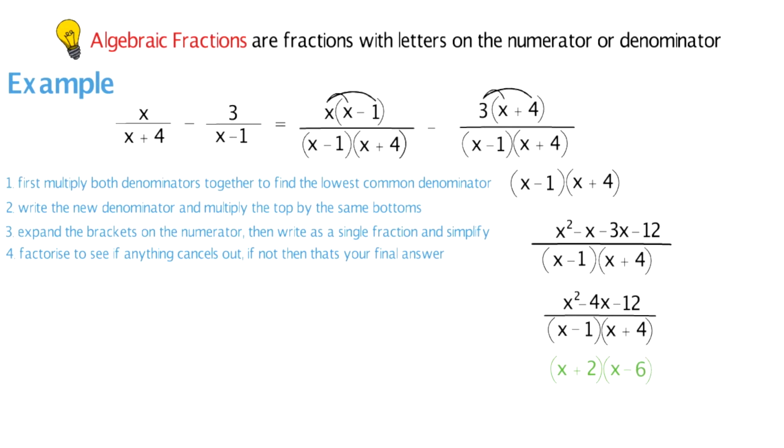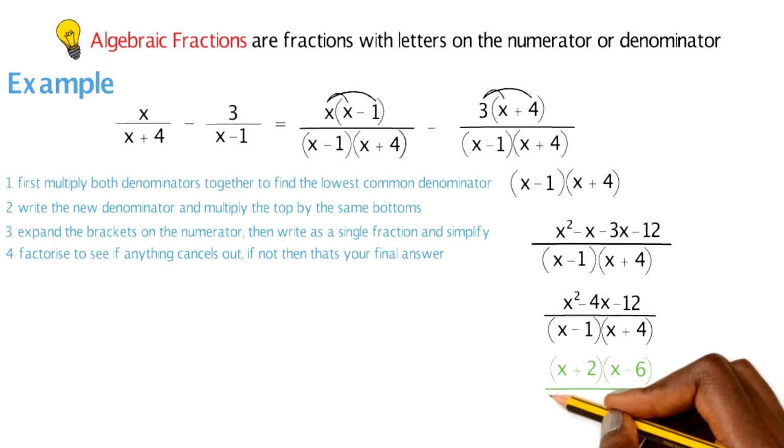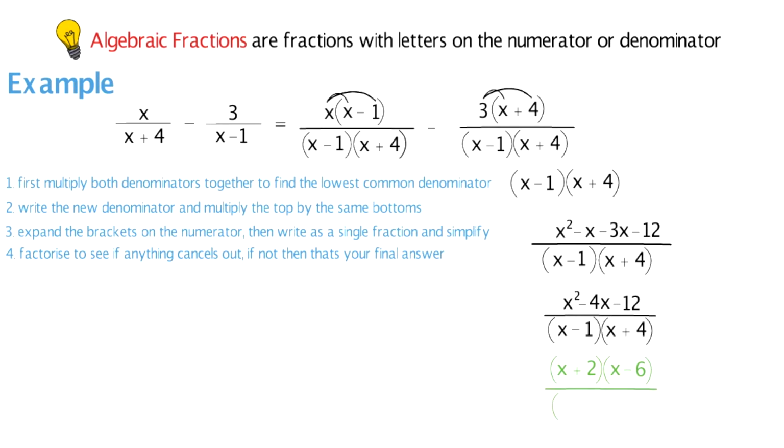But as you can notice, none of the brackets on our numerator is the same as any of the brackets in our denominator. And therefore, even though this is rare, it does happen, so you need to be aware of it. If you've got any brackets that you cannot cancel out, this will therefore be your final answer. And for this reason, this is why we don't expand the denominators, to see if anything cancels out.